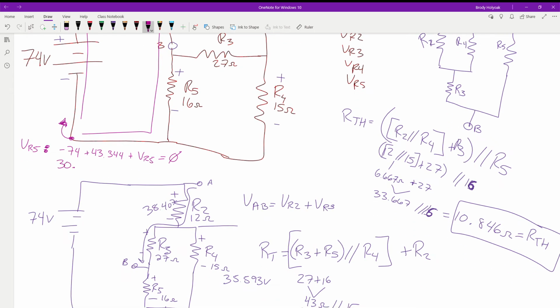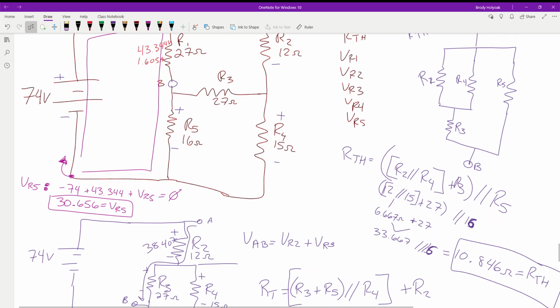That gives us 30.656. We can plug that number into our equation now, or into our circuit.